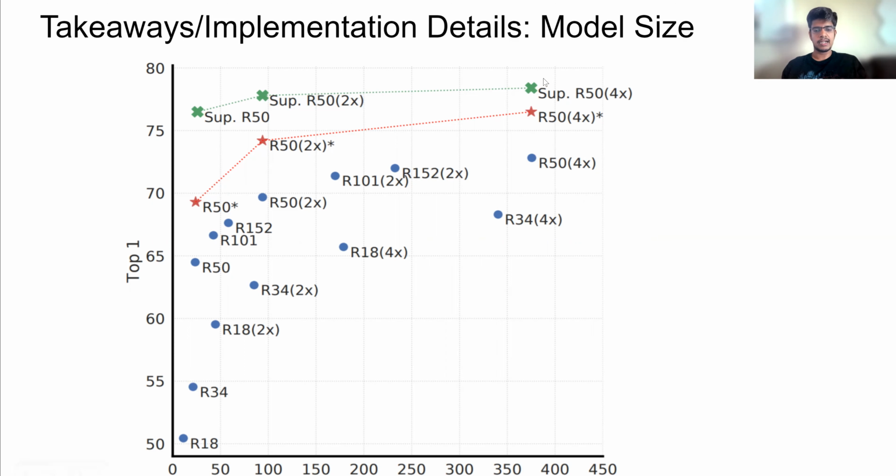You can see that the accuracy increases, which is pretty interesting. Green is supervised learning, and red, if I remember, is their self-supervised learning strategy. This is all on ImageNet, the gold standard dataset. You can see that red is lower than supervised learning, but it's pretty competitive for this particular ResNet.